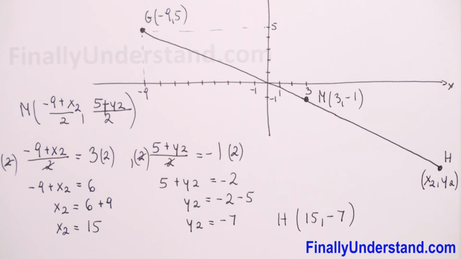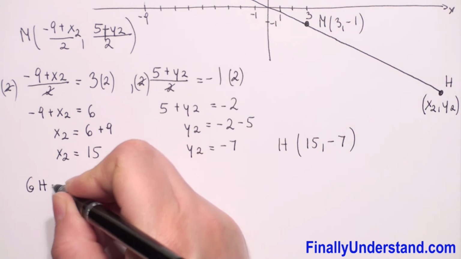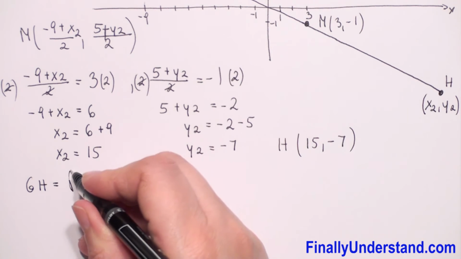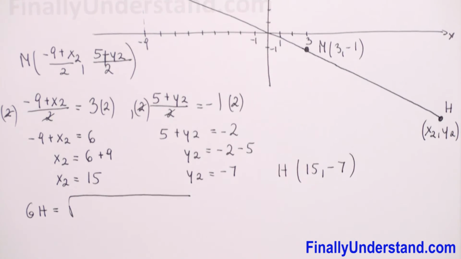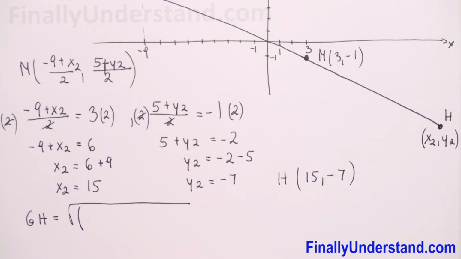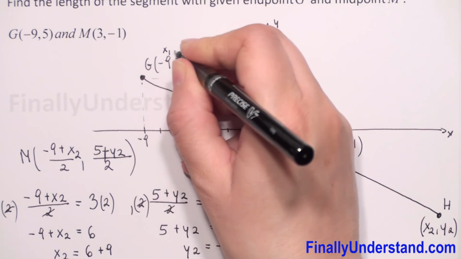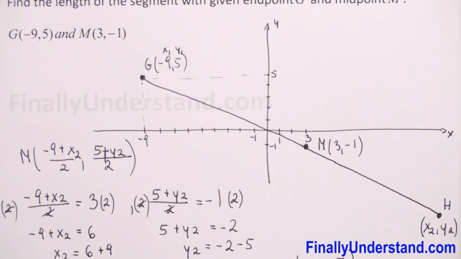Now we have to use the distance formula to find the length of segment GH. GH is equal to the square root of, and in the first parenthesis we have the difference of the first coordinates. Let's say that our G is x1, y1.